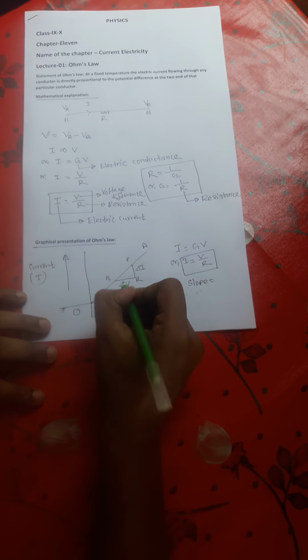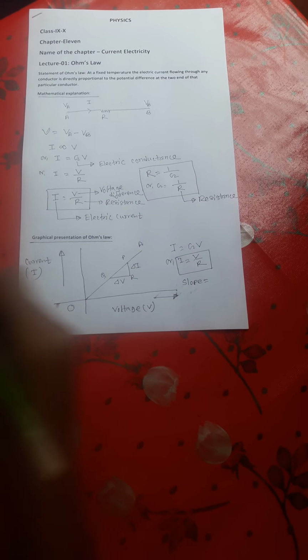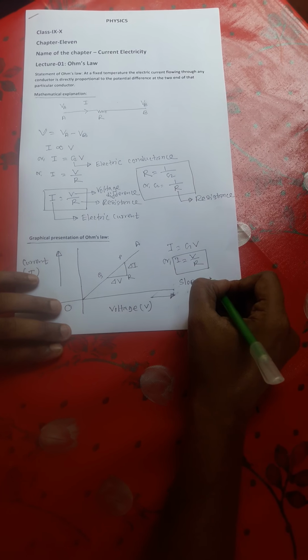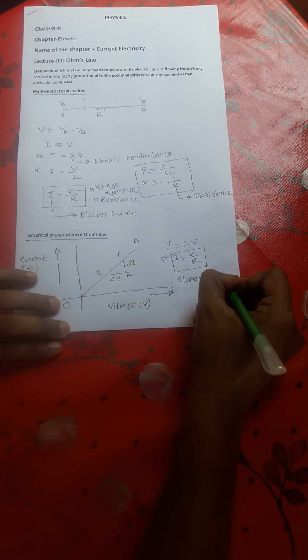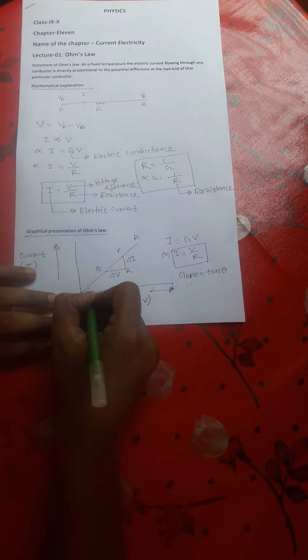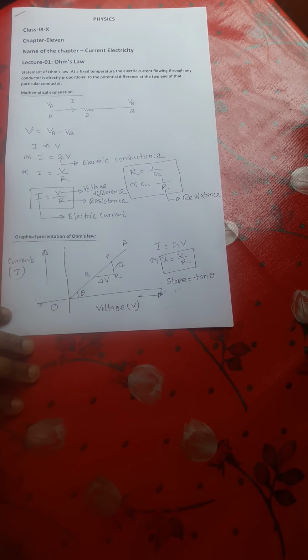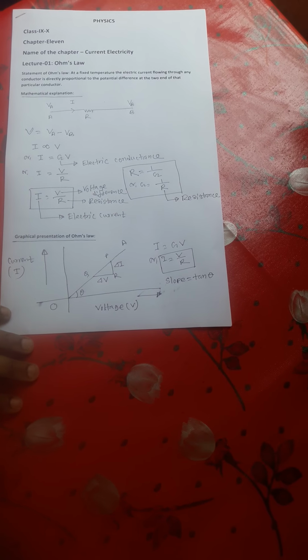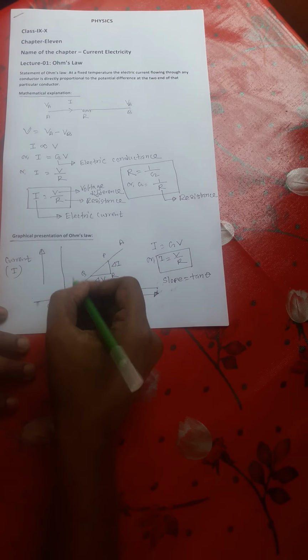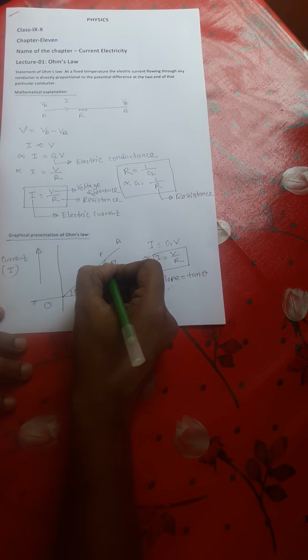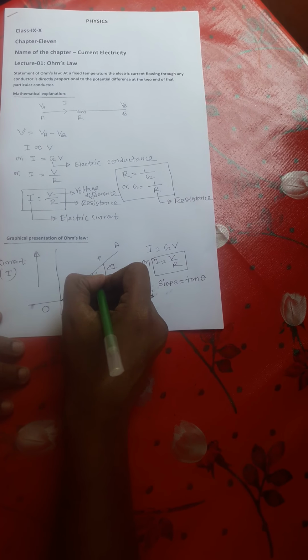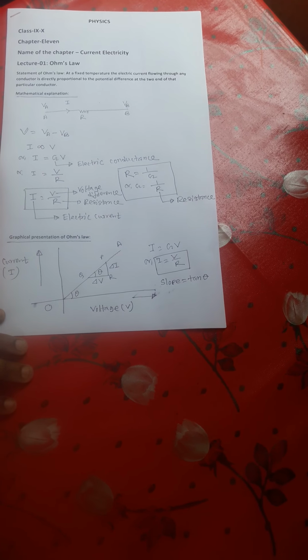All of you know that slope is nothing but tan theta. This graph makes an angle theta with the x-axis or voltage axis, which is also equal to angle PQR.